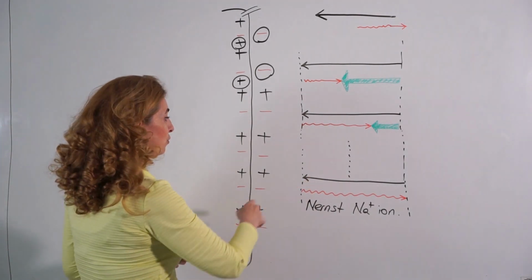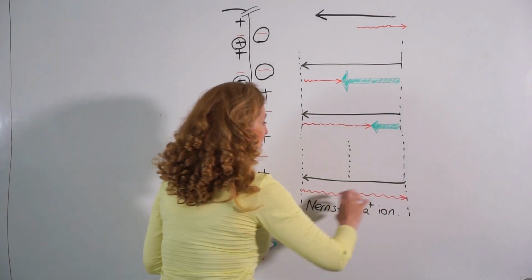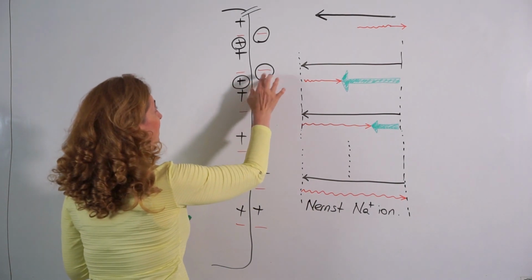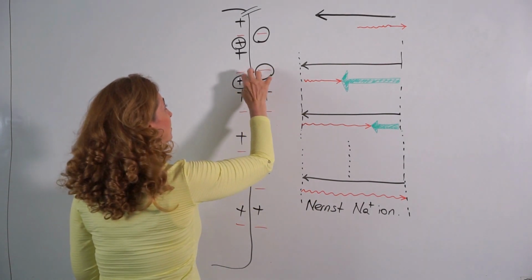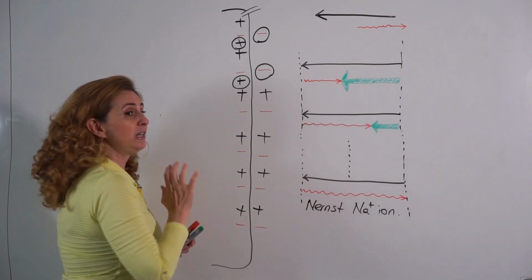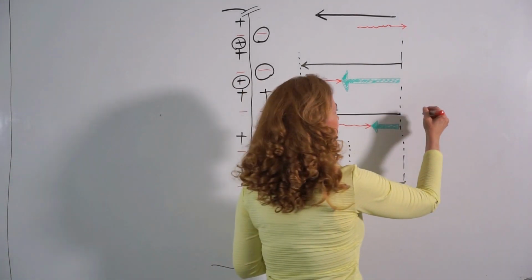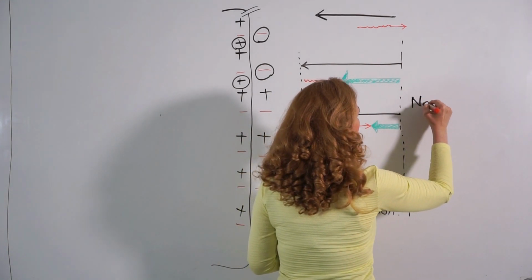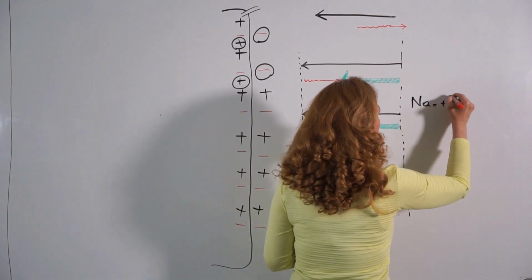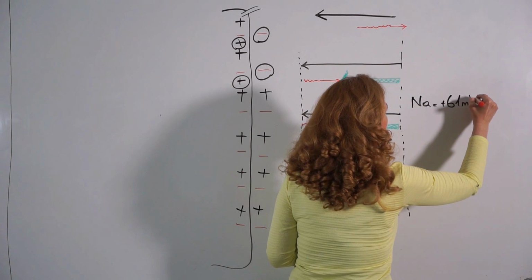In case of sodium, the Nernst potential is going to be with a positive side on the inner side of the membrane. A typical Nernst potential for sodium would be something like plus 61 millivolts.